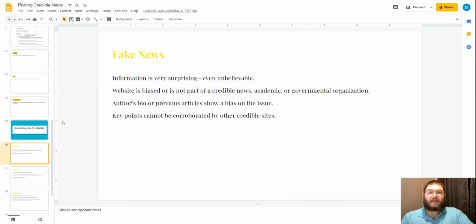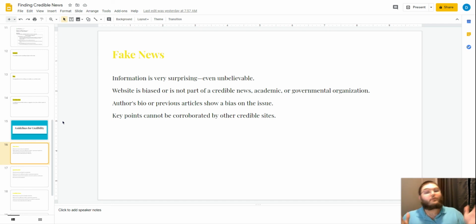First, we'll look at what fake news is. Fake news generally has very surprising information. It doesn't seem believable. For instance, 10-year-olds are now allowed to run for president. That doesn't seem believable.